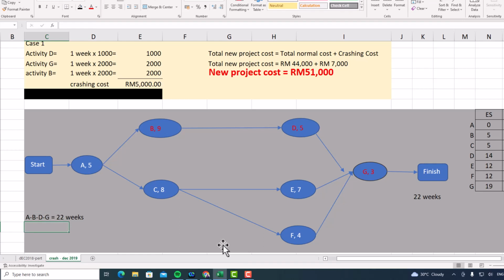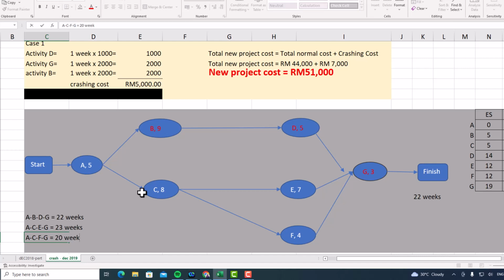However, if the route is A, C, E, and G, the completion time will be 23 weeks. Okay, 5 plus 8 plus 7 plus 3 equal to 23. And the last path, A to C to F and to G equal to 20.